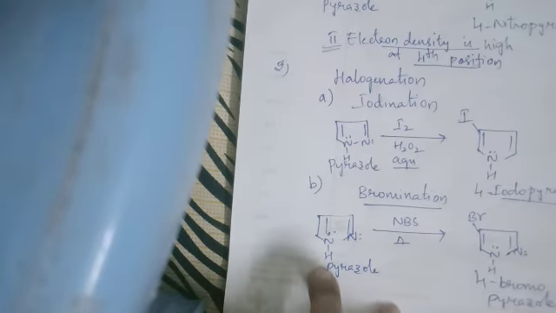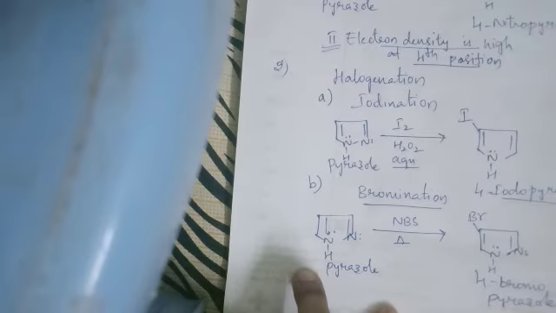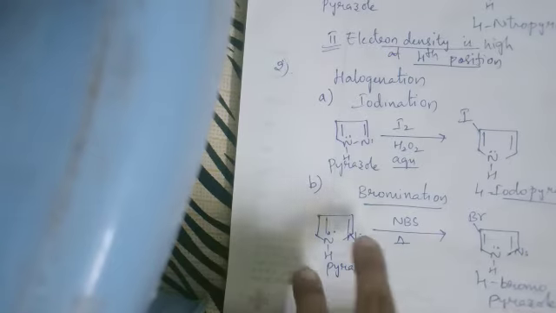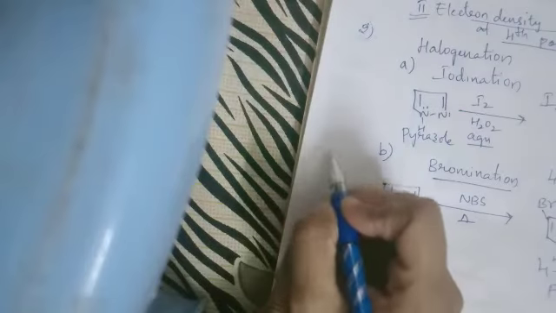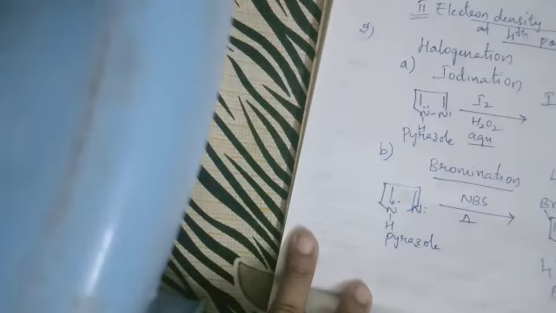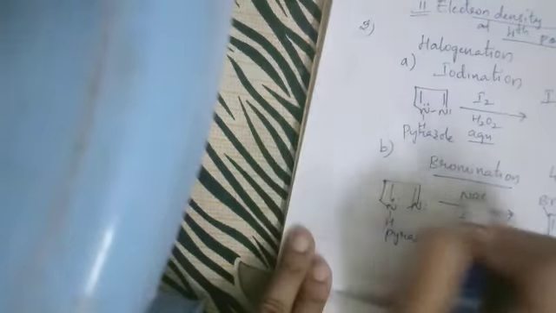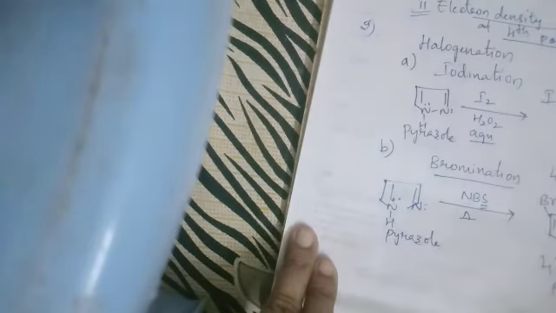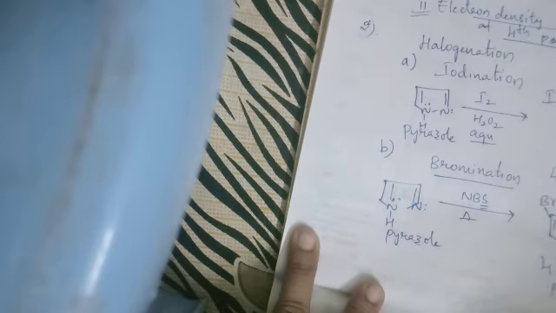Always the electrophilic substitution reaction happens at the 4th position because of the high electron density at the 4th position. So N-bromosuccinamide, I'm just giving the explanation about this NBS reagent, brominating reagent. Succinic acid, you know, succinamide means you have to remember the succinic acid. Oh my, such good apples, I've already told.